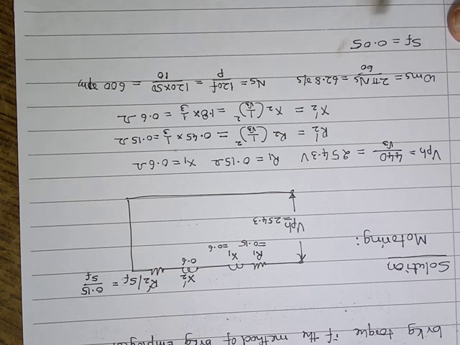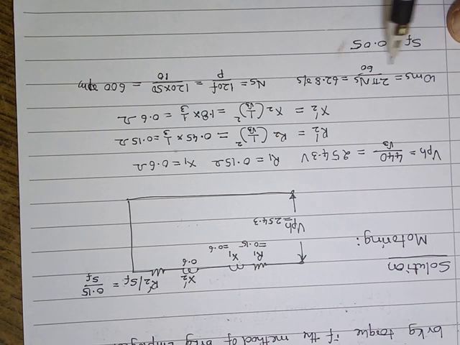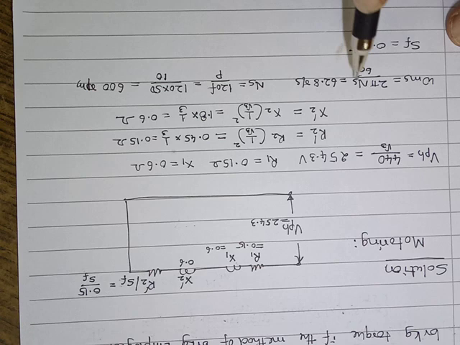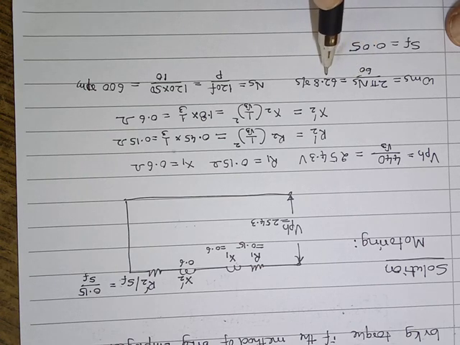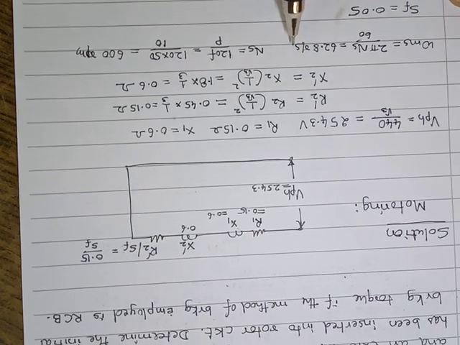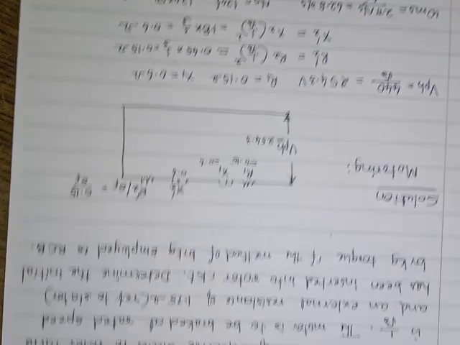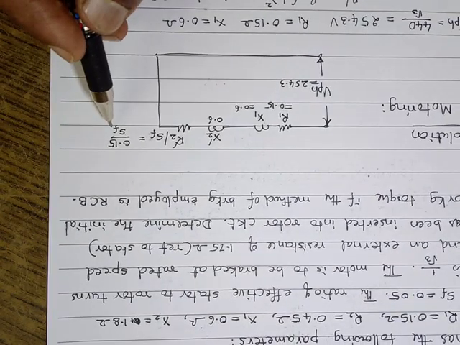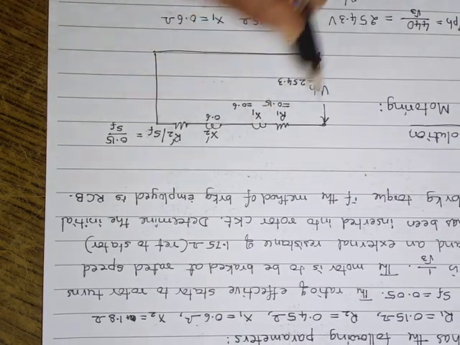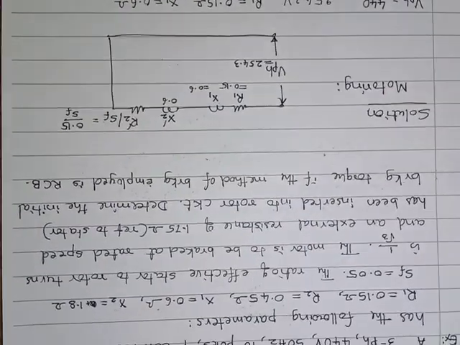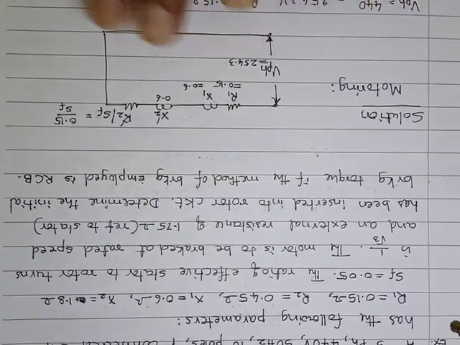So with that, the synchronous speed in radians per second will be 2 pi Ns divided by 60. We will get 62.8 radians per second. And it is mentioned in the problem that the full load slip is 0.05. That means this SF is 0.05 when the motor is operating at full load. This is the motoring mode.